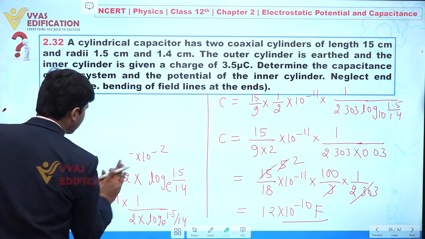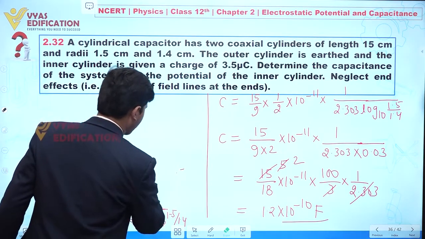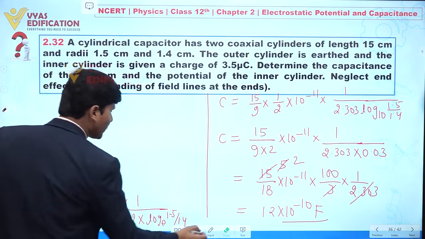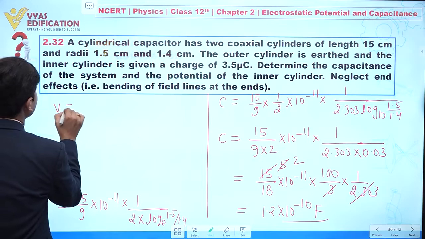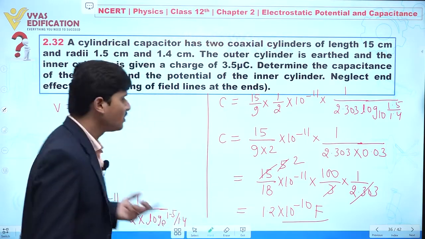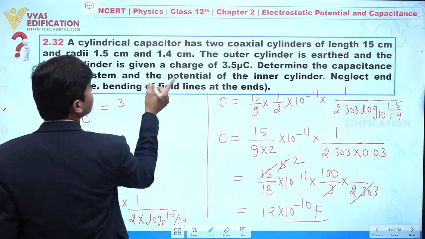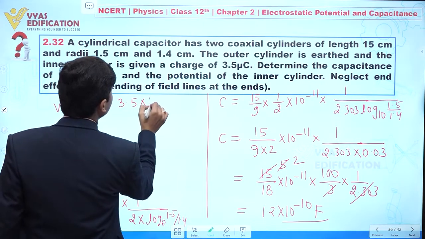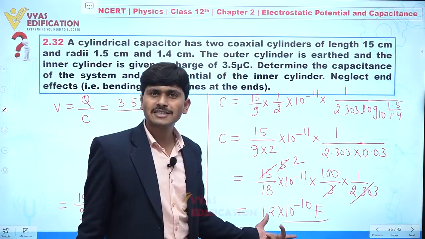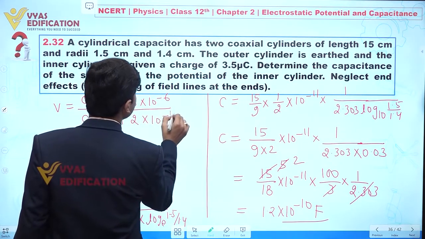Directly we can say V is equal to Q by C, since Q equals CV. The value of charge is given here as 3.5 microcoulomb, so 3.5 multiplied by 10 to the power minus 6, and the capacitance is 1.2 into 10 to the power minus 10.